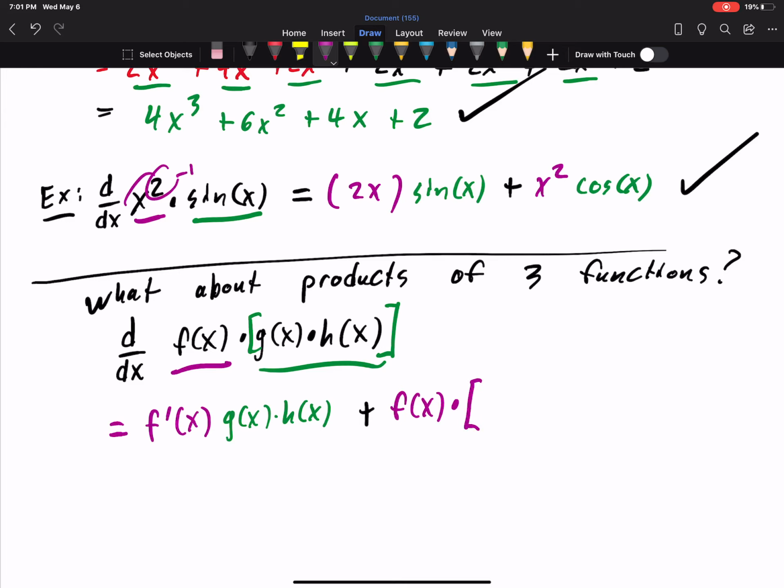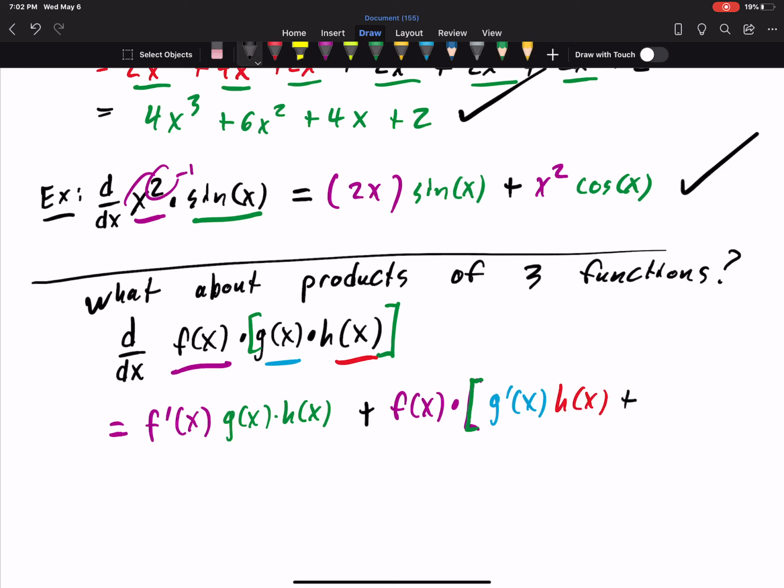I should have done that in a green box, shouldn't I? Okay, so now we need to derive this thing inside the green box. So to do this, I have a first function and I have a second function. I'm going to derive the first one. So that gives me, oops, got to do that in blue, g prime of x. Derive the first one, leave the second one alone.